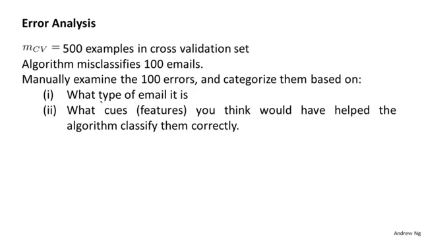Specifically, by what type of email it is, if I look through these 100 errors, I might find that maybe the most common types of spam emails it misclassifies are emails on pharmacies, basically emails trying to sell drugs, maybe emails that are trying to sell replicas, so fake watches and other fake things, maybe some emails trying to steal passwords.